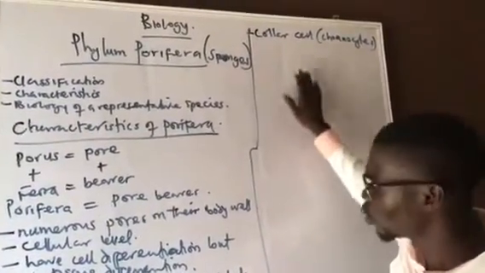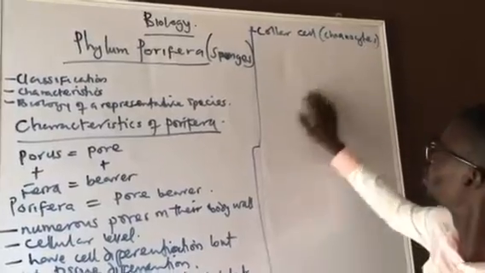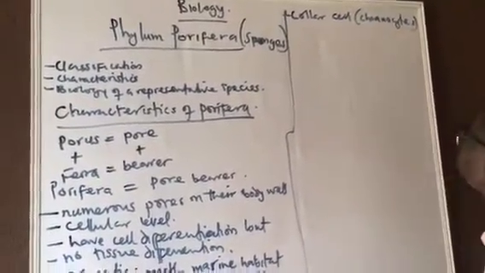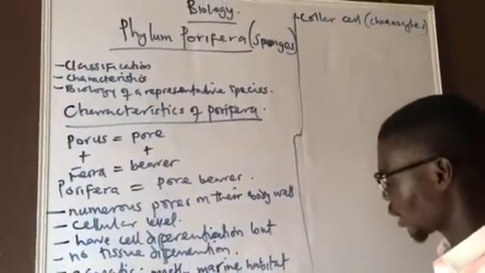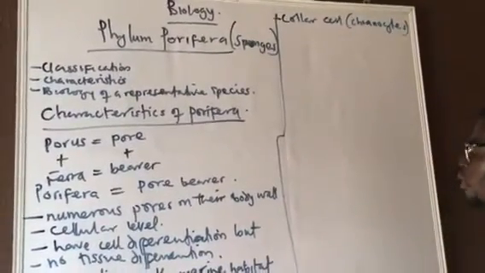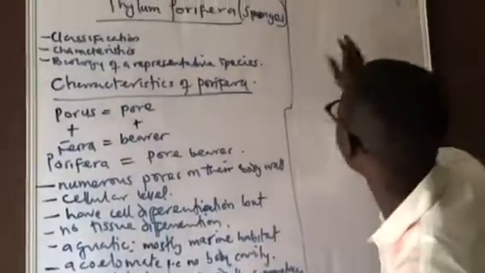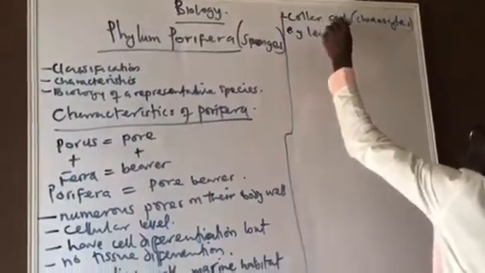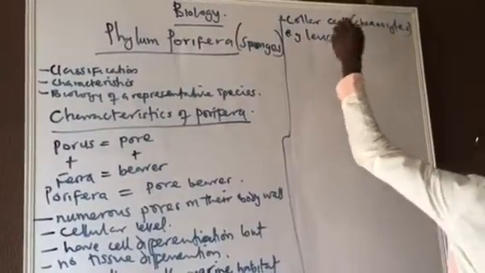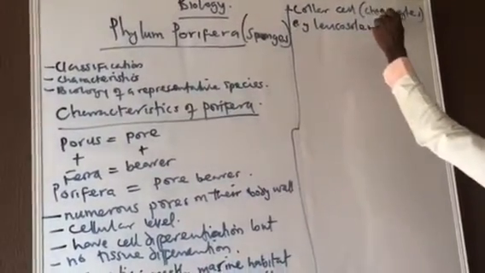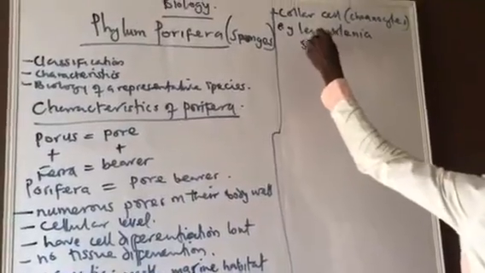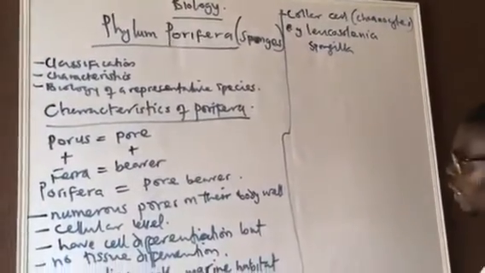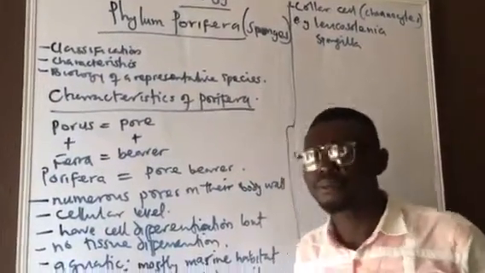They lack tissue differentiation. So these are the general characteristics of the porifera. And they carry out asexual reproduction by budding. Examples of porifera are Leucosolenia, which is a typical example, Spongia, and Epilecta.